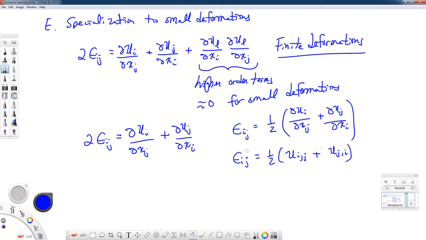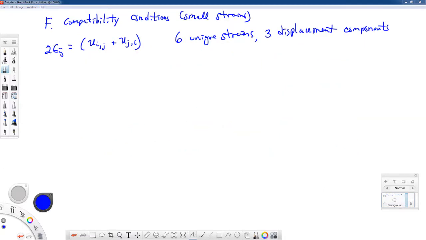With that, the last thing we need to talk about is something called compatibility conditions. Now these compatibility conditions we're going to discuss in the form of the small strain tensor. The math is a little bit easier for us to work with, but these also hold for finite deformations as well. Now the underlying premise here is that we have three components of displacement, u1, u2, and u3, but we end up being able to compute 6 unique components of strain.